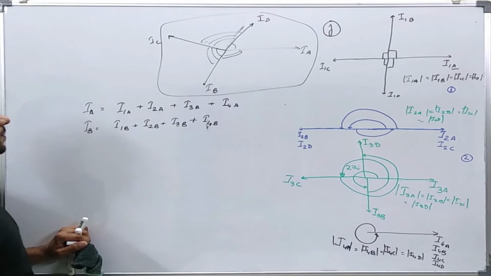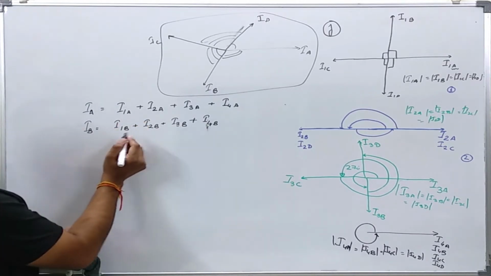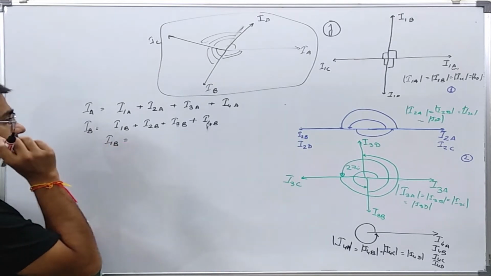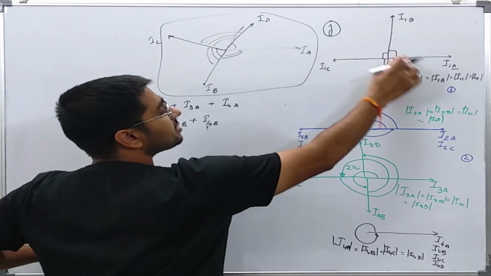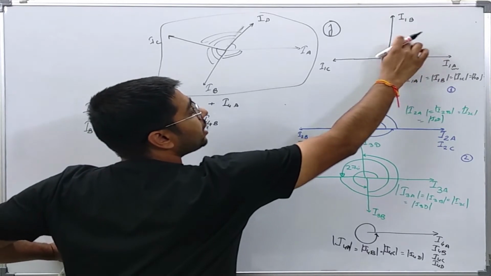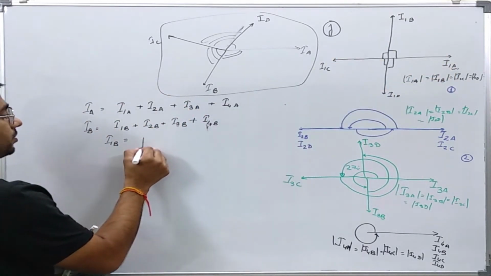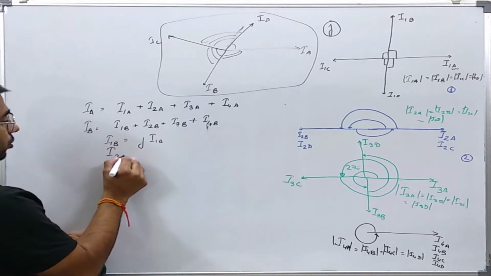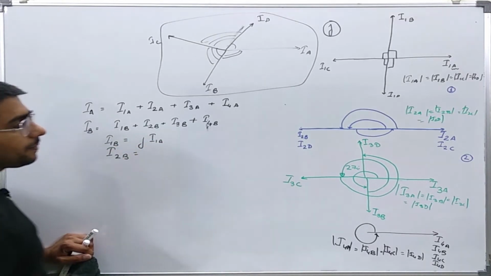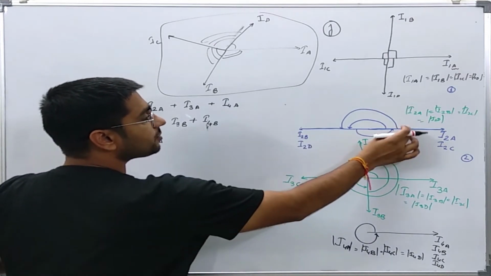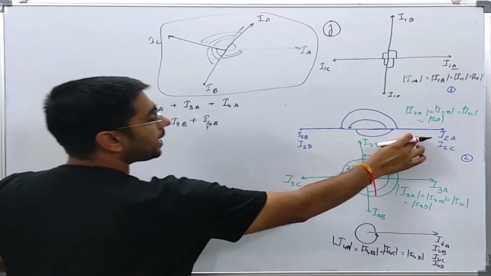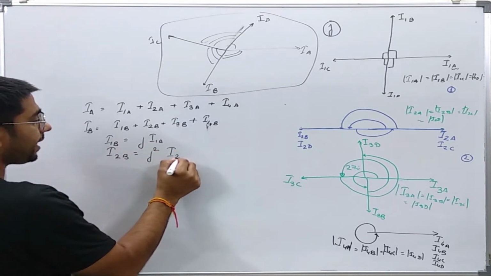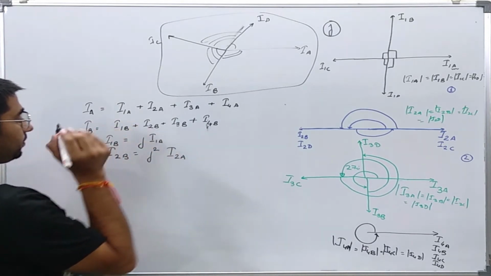For phase B, I know that I1B is nothing but 90 degrees ahead of I1A, so J into I1A. Similarly, I2B is 180 degrees ahead of I2A, that is J squared I2A.